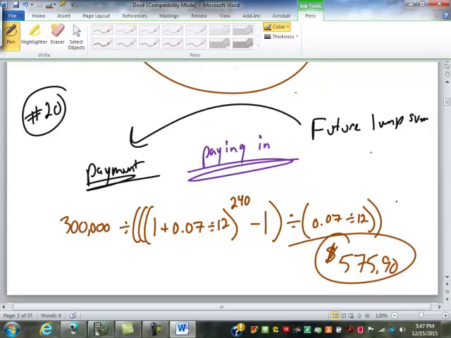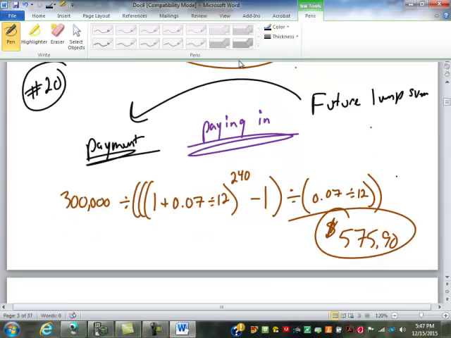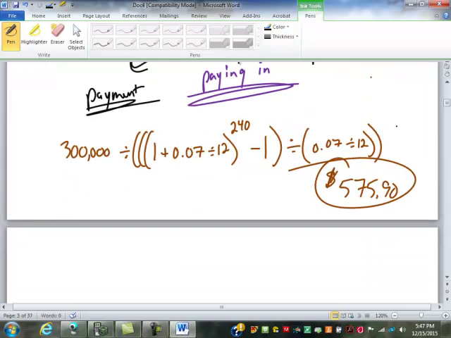Number 21. In number 21, Bobby has saved up $600,000 for retirement. Do they have the $600,000 now, or are they looking to have it in the future?